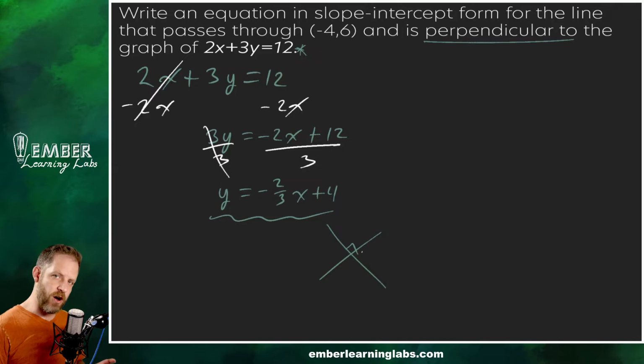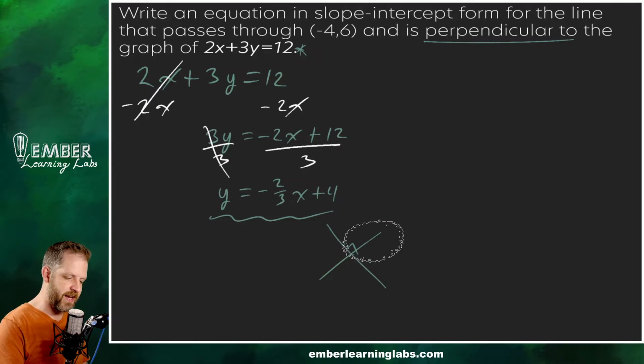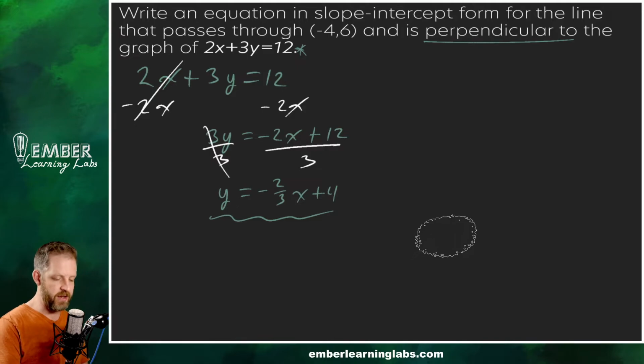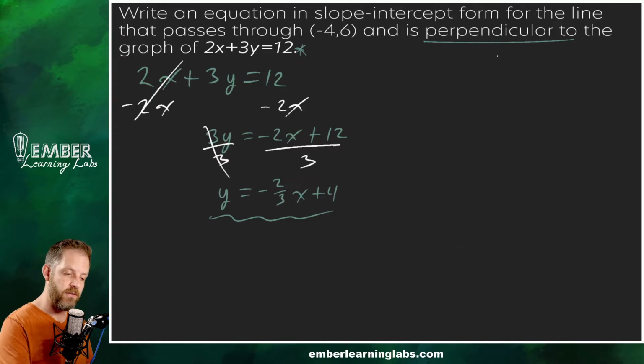The fact that these lines are perpendicular also tells us something about the slope, but it tells us something different. For perpendicular lines, the slopes are opposite reciprocals. So if we have m1, then that equals negative, the opposite reciprocal of the other slope, 1 over m2, or it flipped over.